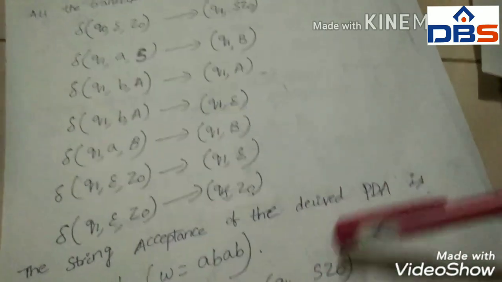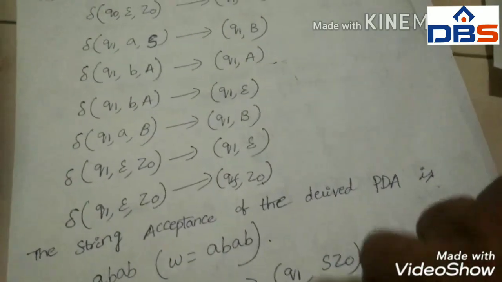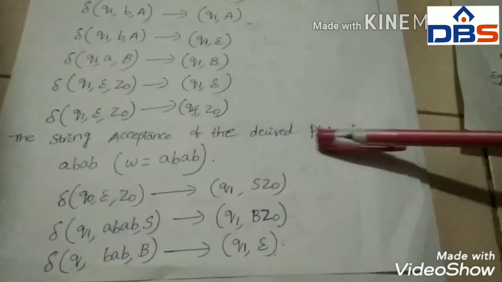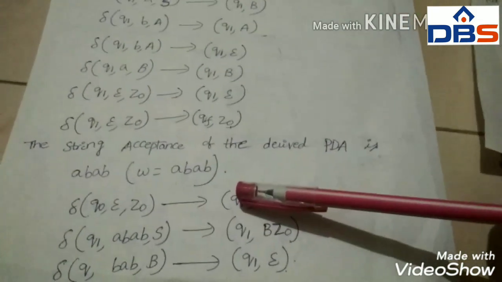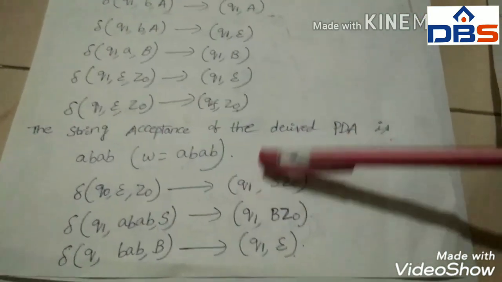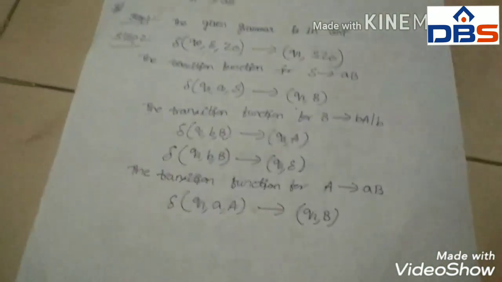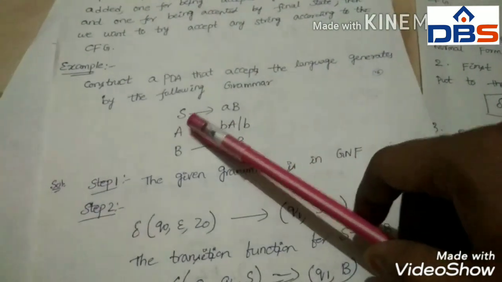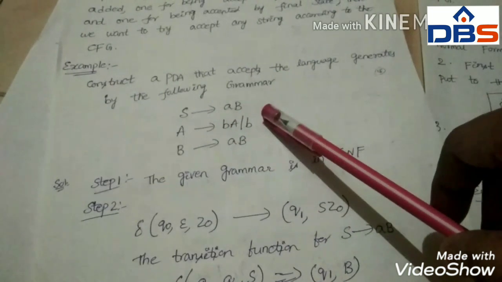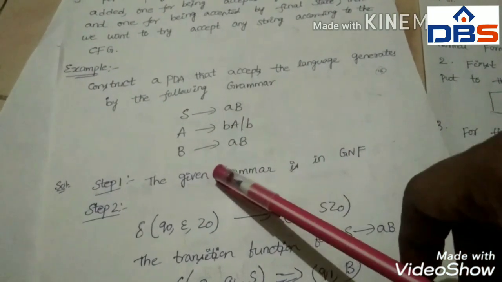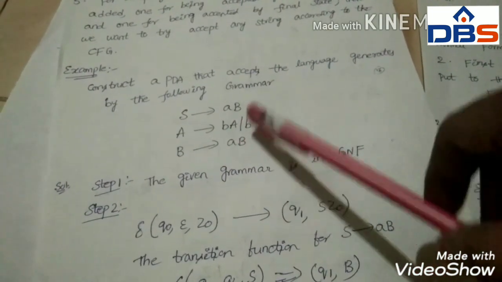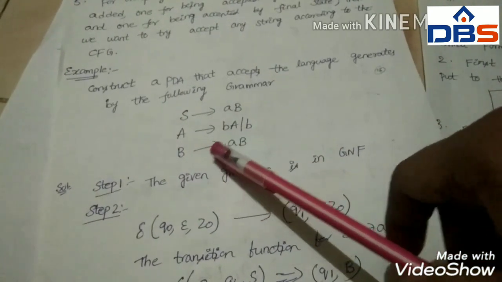Next, the string acceptance of the derived PDA is like this. We take some string here, AB. How do we derive AB? Here S tends to AB, B tends to small a B, and A tends to BA.